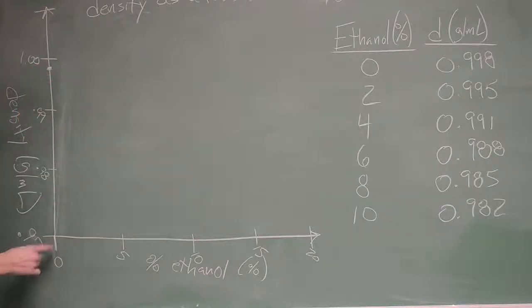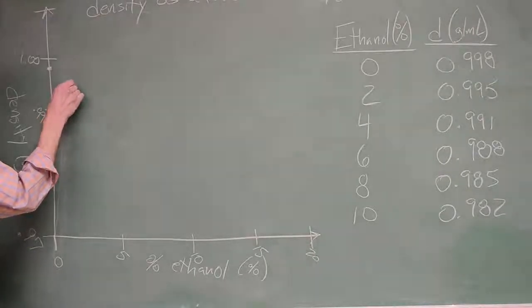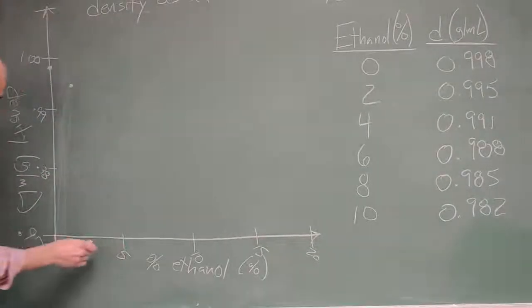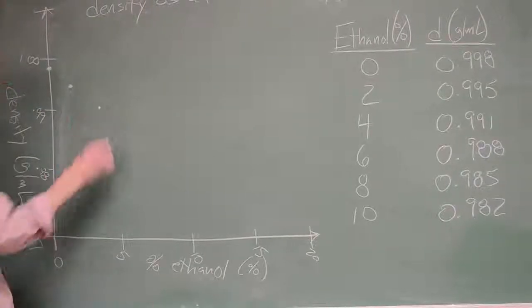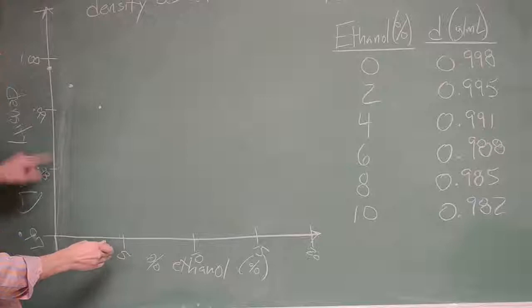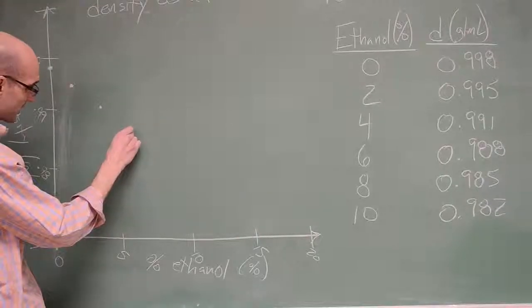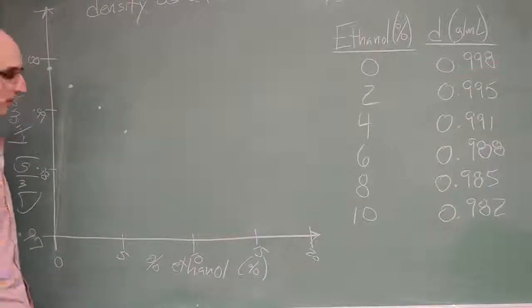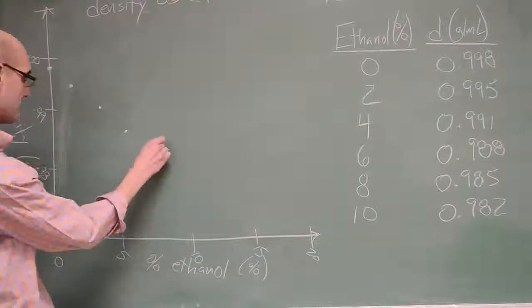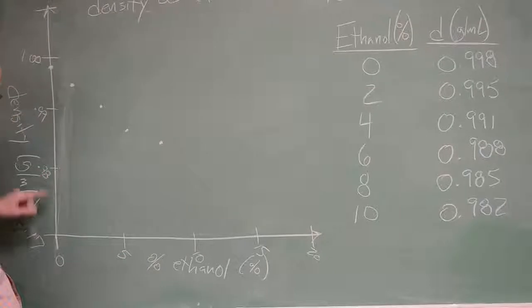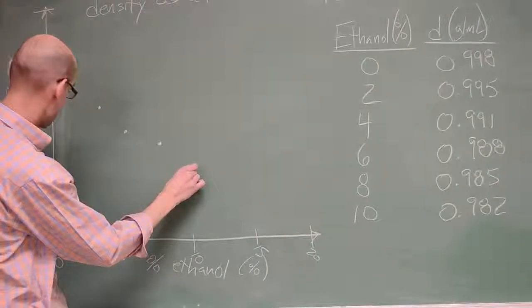Next up, at 2%, we should see 0.995, about halfway in between. 0.991 at 4%, so just above 0.988, so about here for 6%, 0.985 for 8%, and then finally 0.982 for 10%.